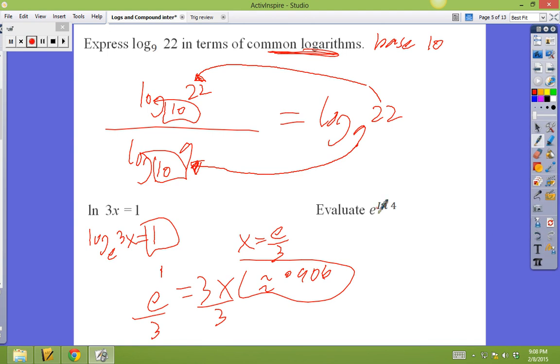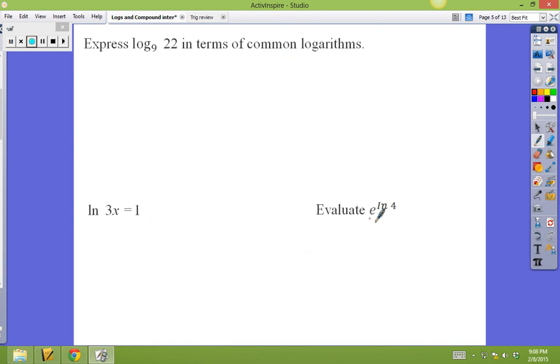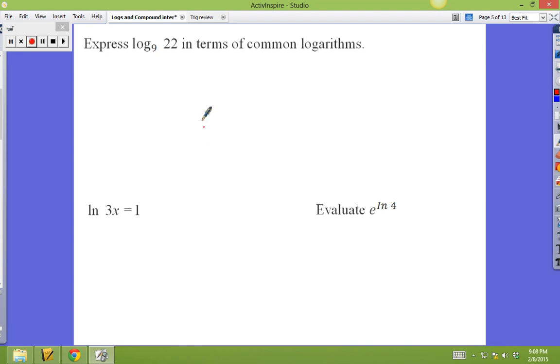Okay, the last one. This is a good problem. So now you've got e raised to the natural log of 4. e to the log in base e of 4. This is kind of a cool problem. If you morph this, because right now this is just like a power, e to the x, except your exponent is actually a log. So it's kind of intimidating, but it's pretty easy. So morph it to a log. If you morph it to a log, this morphs to a log in base e, and the exponent, we're wondering what that equals.